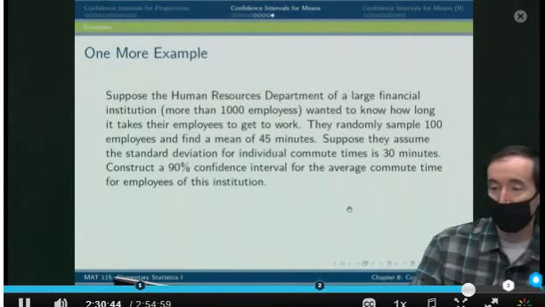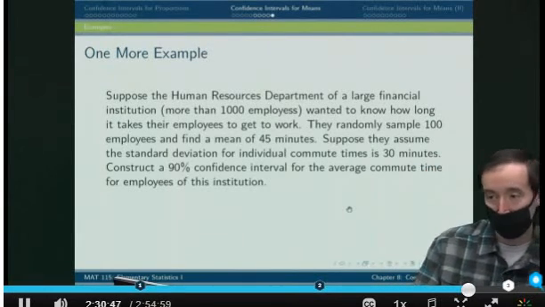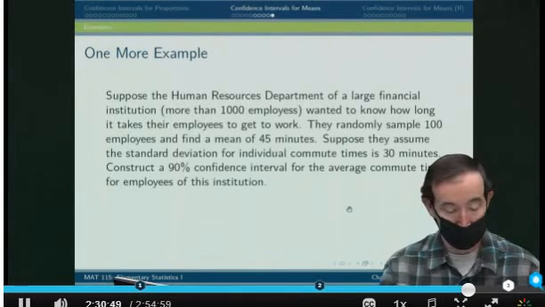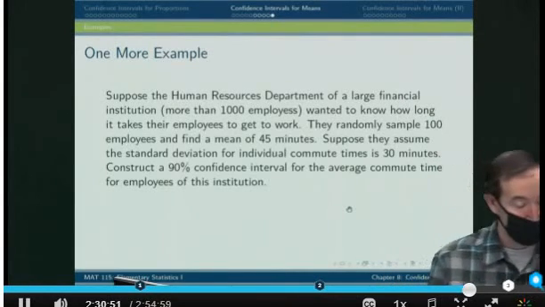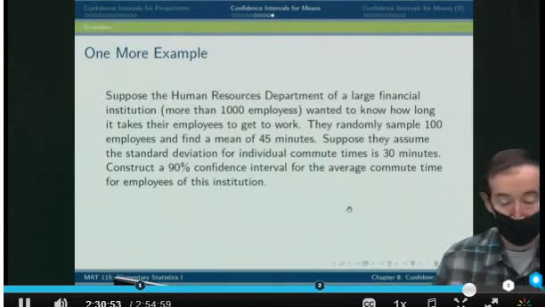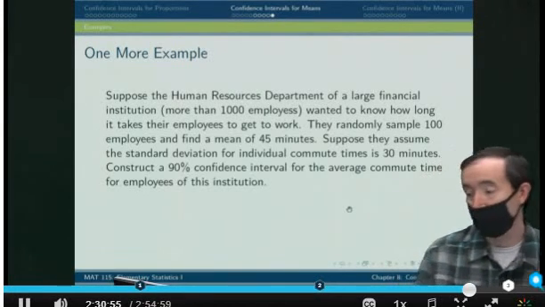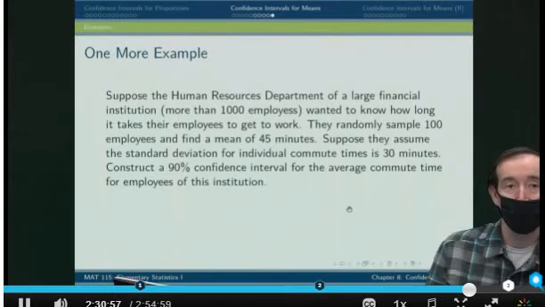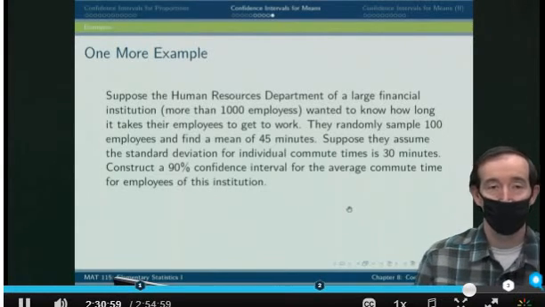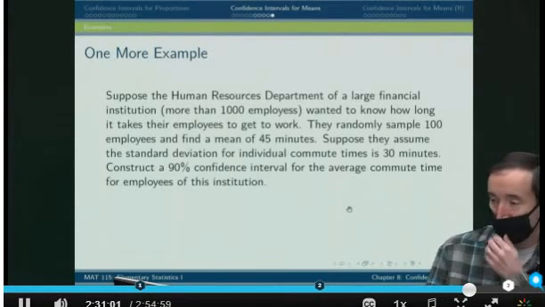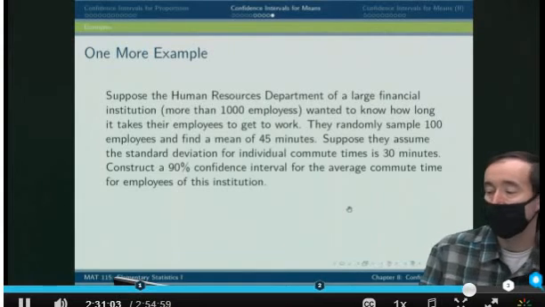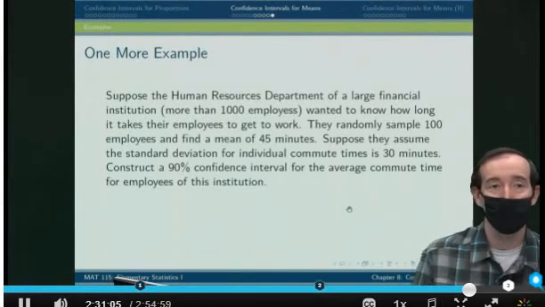So let's do one more example, and I think that will be a great place to end at that point. Suppose we have the Human Resources Department of a large financial institution, large meaning it has more than 1,000 employees. You'll see why that matters in a moment. They wanted to know how long it takes their employees to get to work, so what are the average commute times?